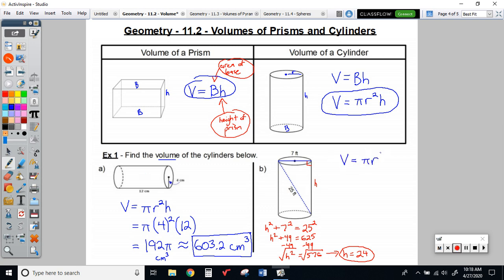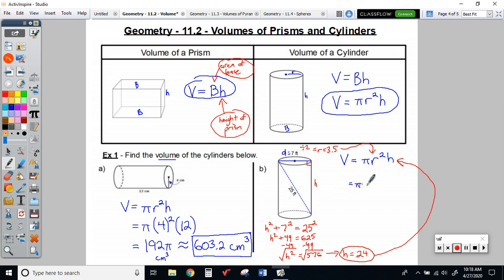You've got pi r squared H. For this, D is 7, diameter 7, so we divide that by 2 and get the radius as 3.5. So we're going to take 3.5 and plug it in there, take H and plug it in there, and see what we get.